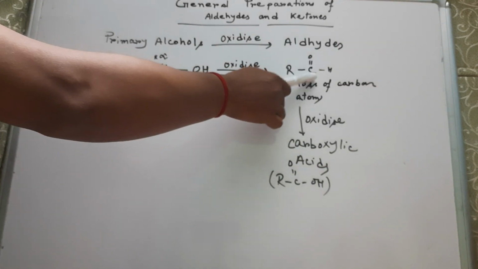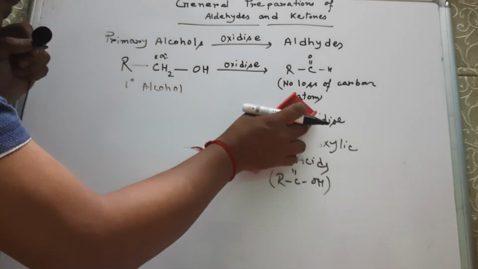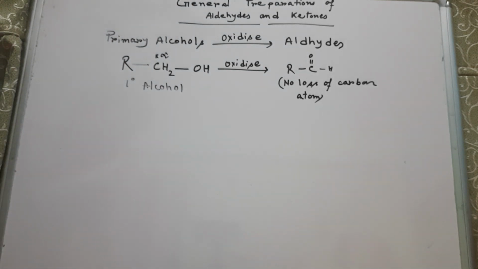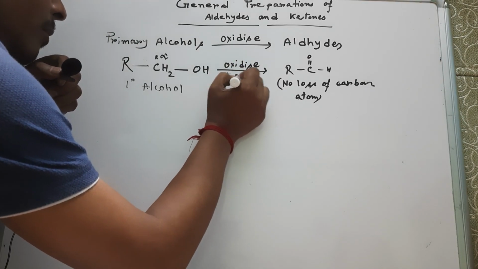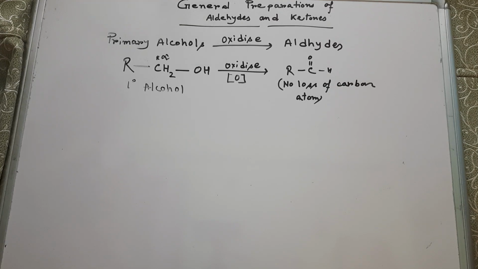So we should stop here. We should not move further to the carboxylic acid. Okay, so we should stop here at the aldehyde level. And here, oxidize means the reaction in presence of nascent oxygen atom.